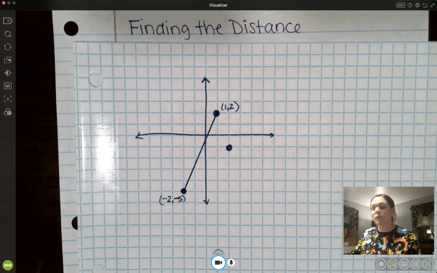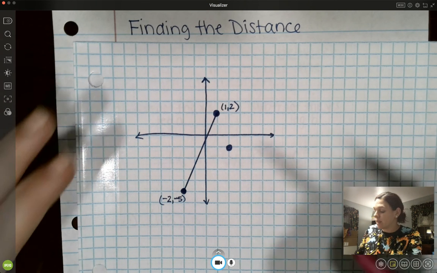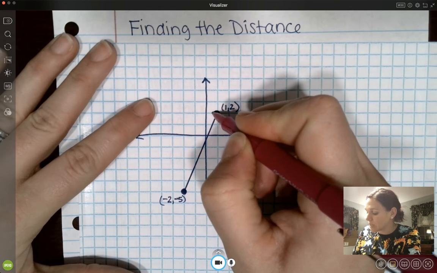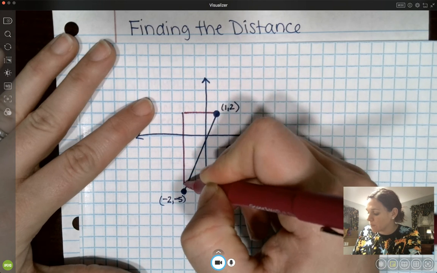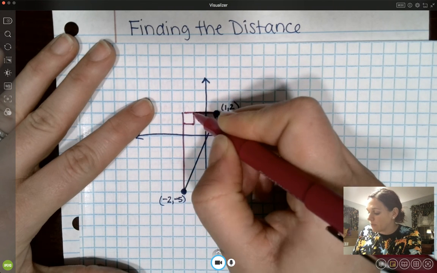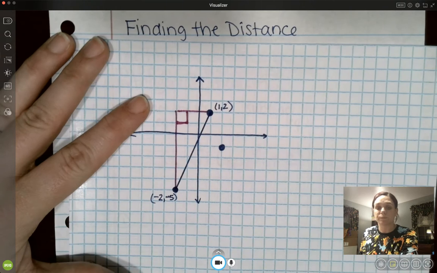All right, so first and foremost, you need to understand the distance formula is using the Pythagorean theorem. The reason is I can trace the grid lines. So I can trace my grid line here, and I can trace my grid line here. And notice I made myself a right triangle.